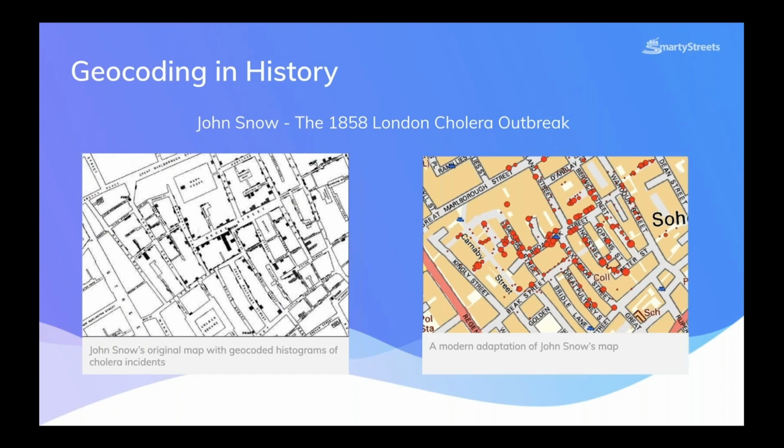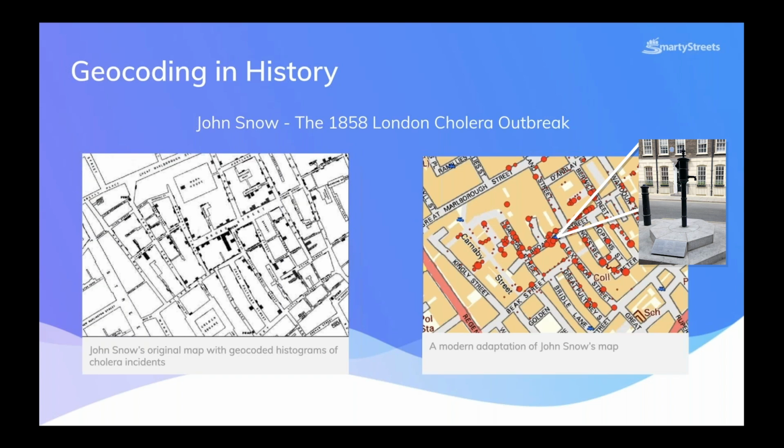There's a modern adaptation as a map on the right-hand side here that shows where those deaths occurred, and the water pump he mapped out has been memorialized. If you go there on Broad Street, you can see that water pump with a plaque that shows why it's important. It's sort of a landmark for modern geographic analysts.